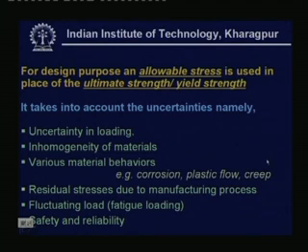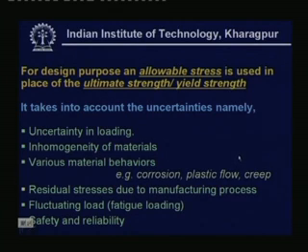That is what I was just talking about at the very beginning of the day. That means that earlier we have always used the ultimate strength and the yield strength as the criteria of failure when we have been using some failure theories. Now, here we decide an allowable stress.